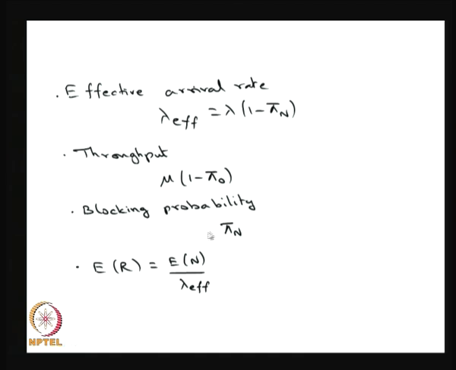Since it is a finite capacity system, one can find out the blocking probability also. Blocking probability is nothing but the probability that the customers are blocked. The customers are blocked whenever the system is full.